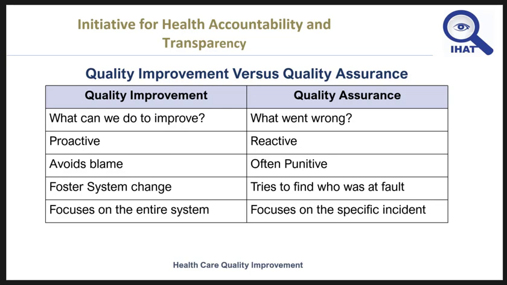Quality improvement avoids blame, while quality assurance is often punitive. Quality improvement process usually fosters system change, while quality assurance often tries to find who was at fault in the delivery of quality care. Quality improvement also focuses on the entire system, while quality assurance focuses on the specific incident that had occurred.